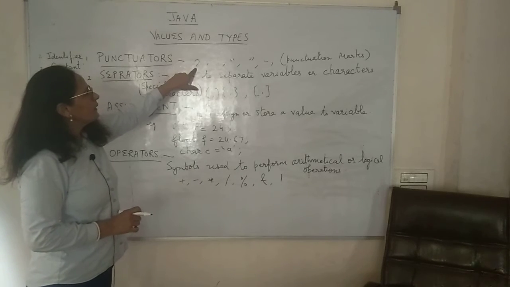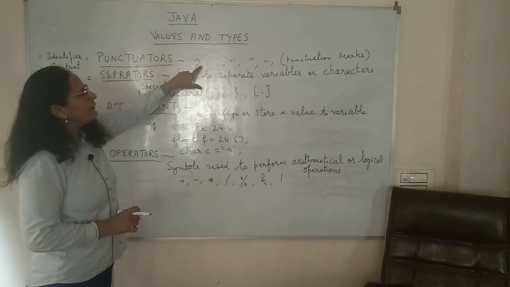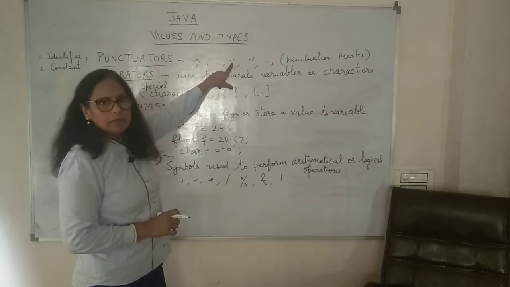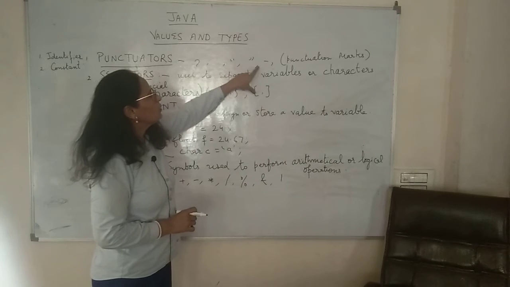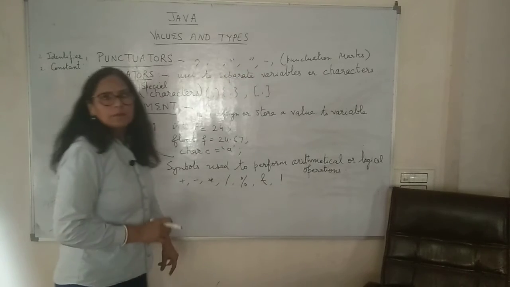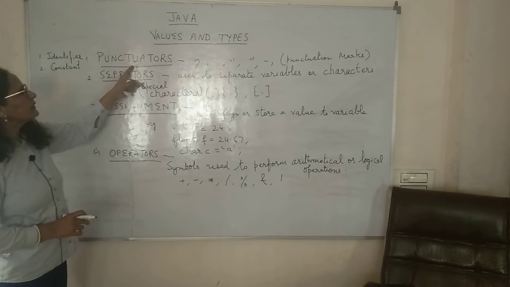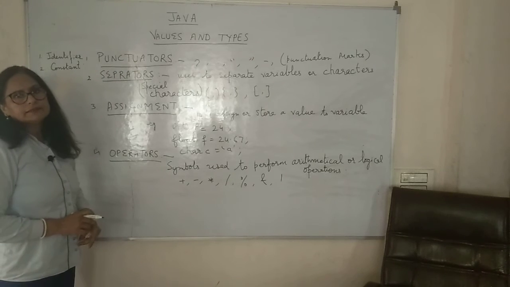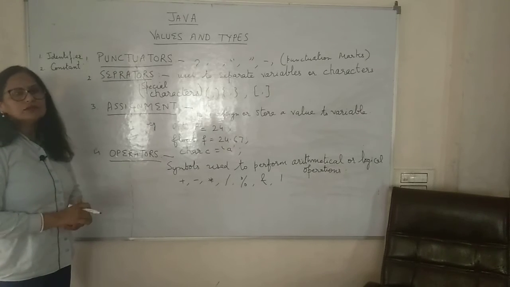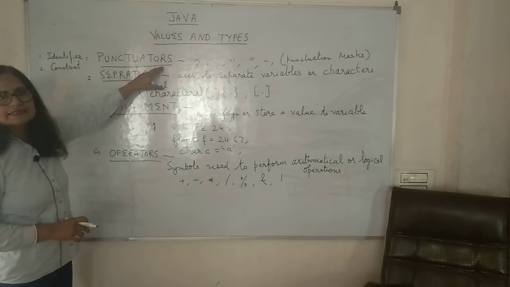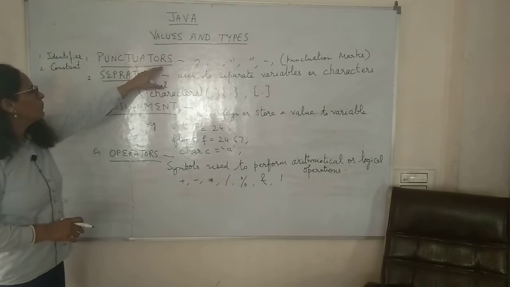These are like question mark, semicolon, opening double quotes, closing double quotes, underscore. These all are punctuation marks, and these are known as punctuators. And you know we are doing the types of tokens. So in a sense this is a token used in Java program.